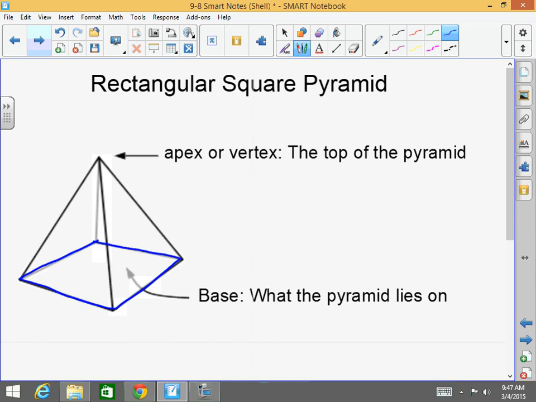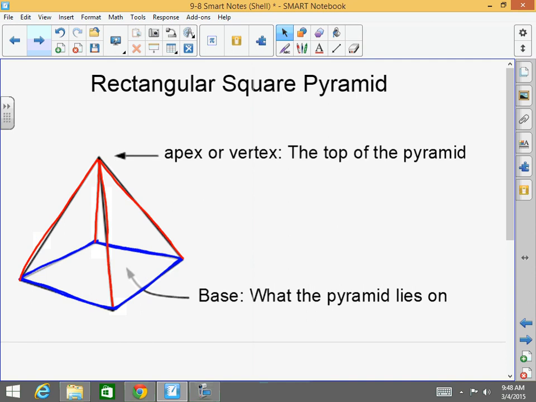This is a square pyramid because I have a square as the base. But it's called a pyramid because all of the faces are triangles. So every single pyramid, the faces are triangles. What determines the kind of pyramid you have is the one base that it has.